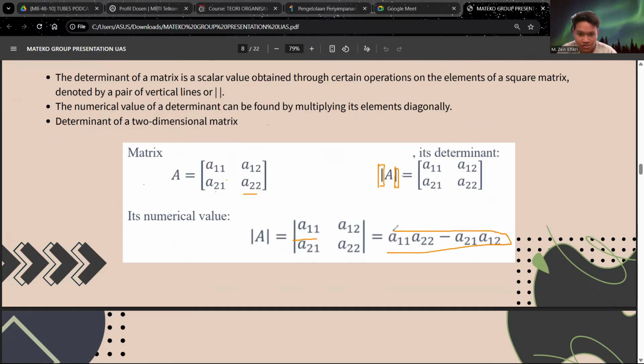You can see this result. This comes from A11 multiplied by A22. Then we subtract A21 times A12, like this. Okay.